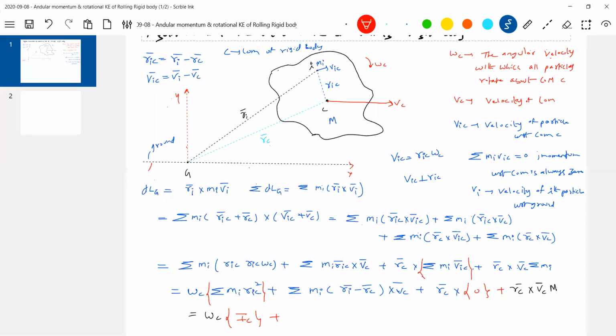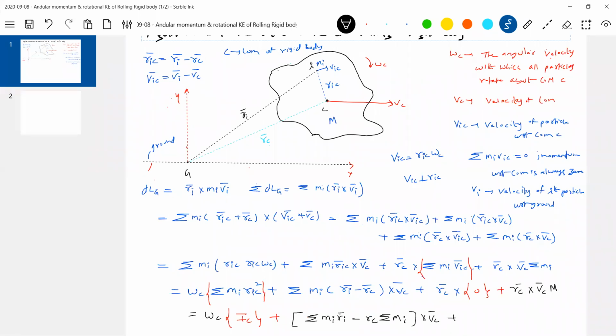I'm replacing with suitable flower brackets so that you can understand, so that this will be as it is here. So this will become, if I expand this, so what is the equation? We'll get MI RI minus RC summation of MI cross VC.